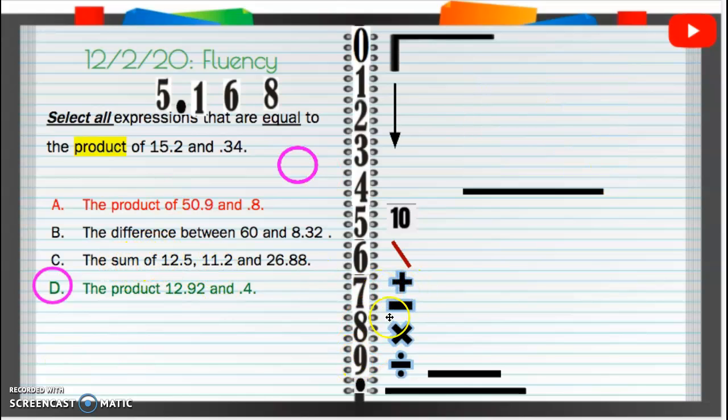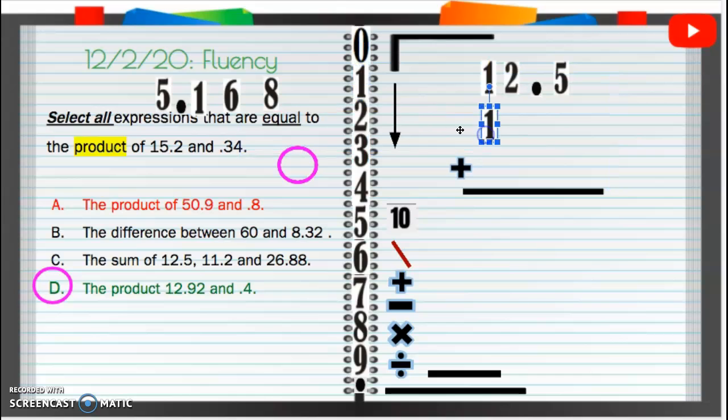So sum, meaning add. And when we're adding or subtracting decimals, remember, line them up. All right, so we have 60 and 8.32. Oh, wait, I'm so sorry. We do not have 60. We're going to add first. So 12.5 or 12 and 5 tenths, plus 11 and 2 tenths.